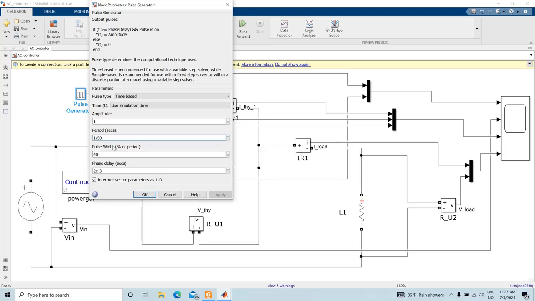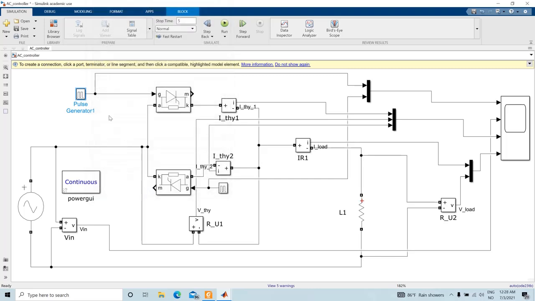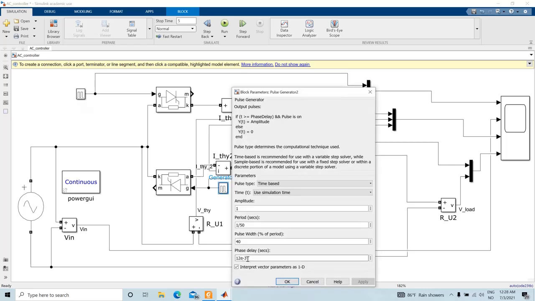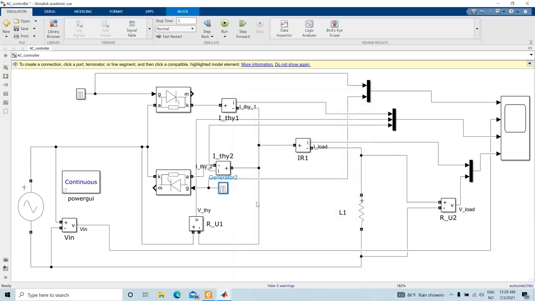Normally for a 50 Hertz cycle, our whole half cycle is 10 millisecond, so alpha is basically 2 millisecond, this delay in the firing angle. That means this thyristor should have a phase delay of 12 millisecond, because half cycle is 10 plus 2 millisecond is the phase delay, and our pulse width is 40% because this is repeating.